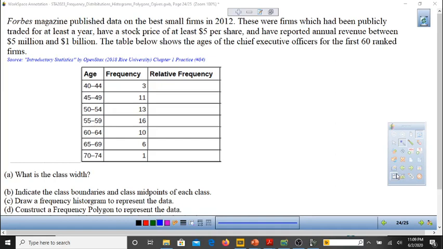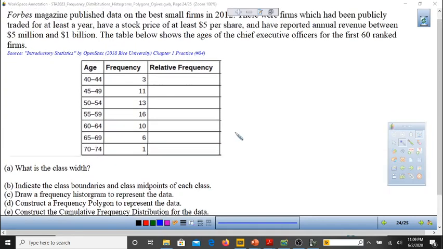All right, so these are the ages, and these are the number of people in that age range. And they say they left the frequency area blank. We're going to look at that in a minute, and then we're going to answer these questions.